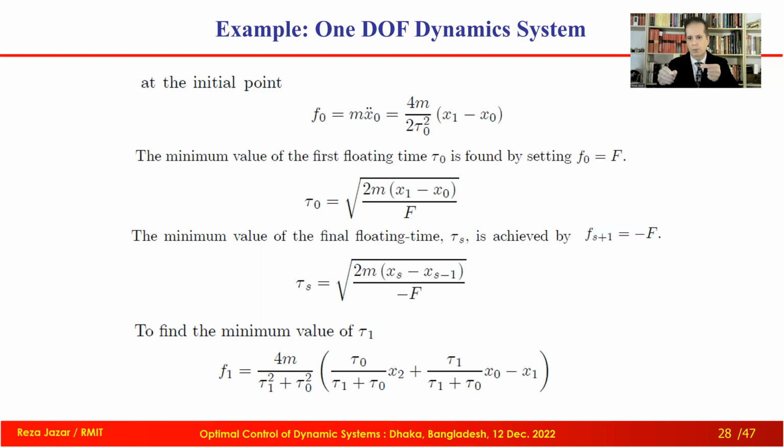One point here and one point here. Up to this point, I'm talking about the last 3 points. Up to this point, force was maximum. At this point, force is negative maximum. Here, there is no unknown tau, because this one was found to make this maximum. This time difference has been found to make this one negative f.